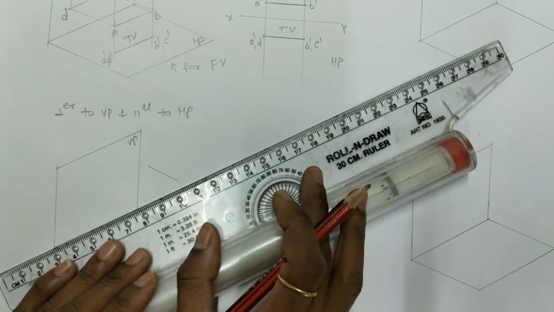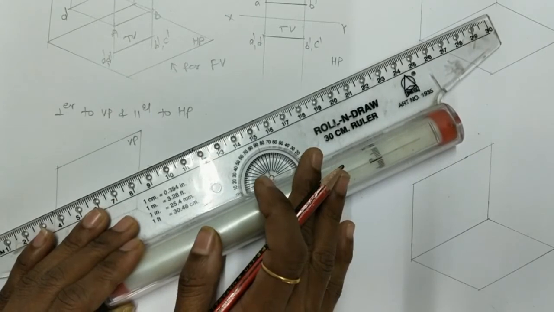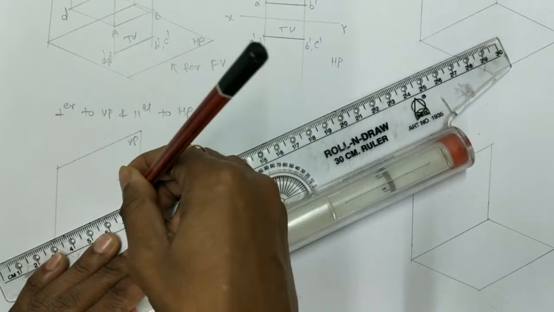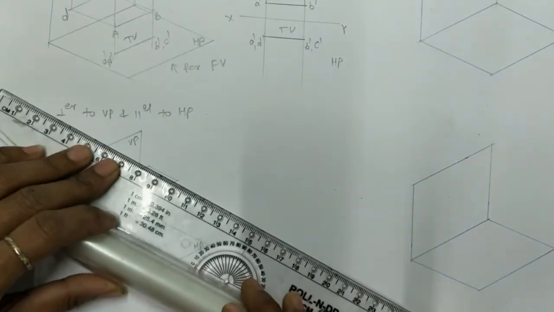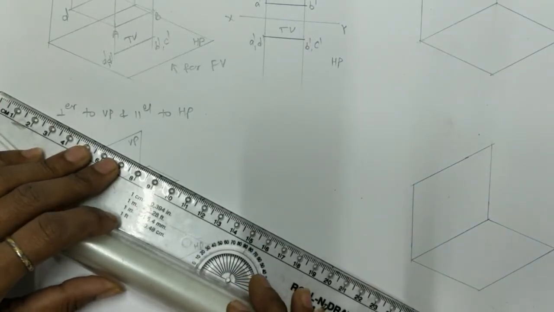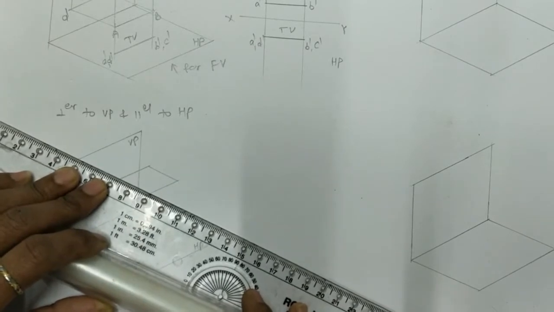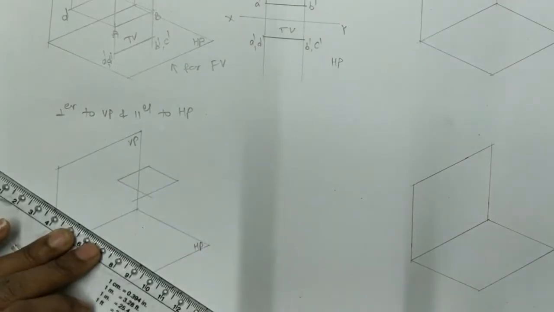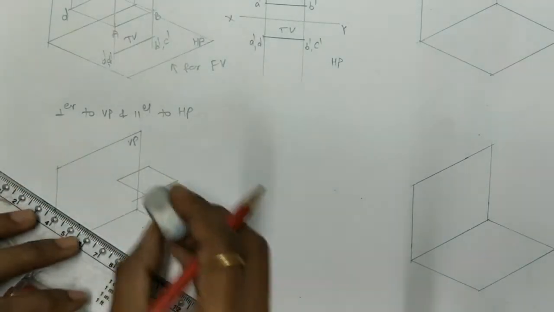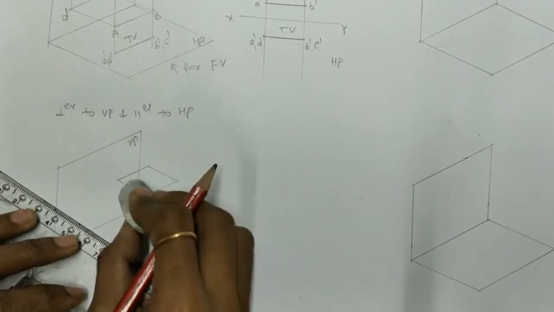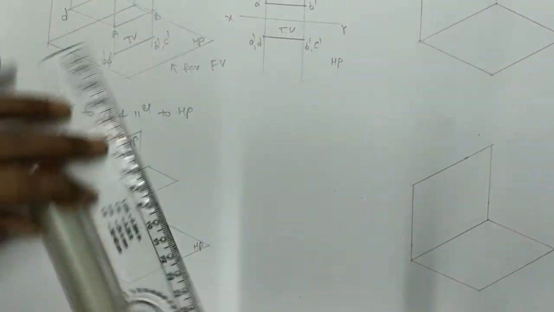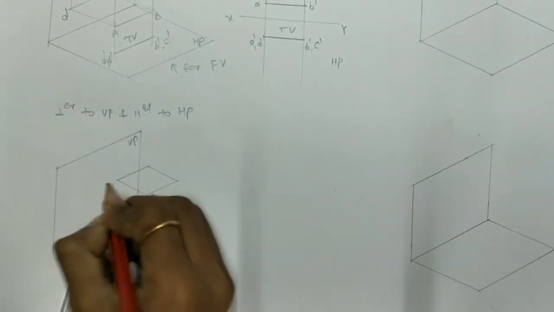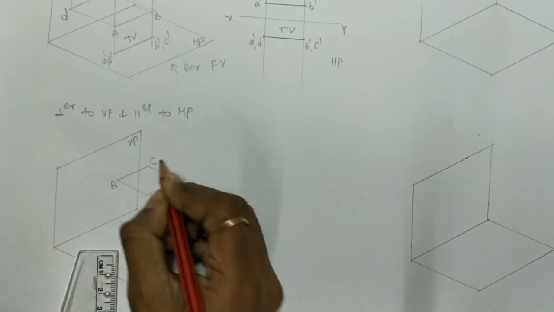So draw a plane which is parallel to HP and perpendicular to VP. Like this. You can draw extra line. Give name A, B, C and D.